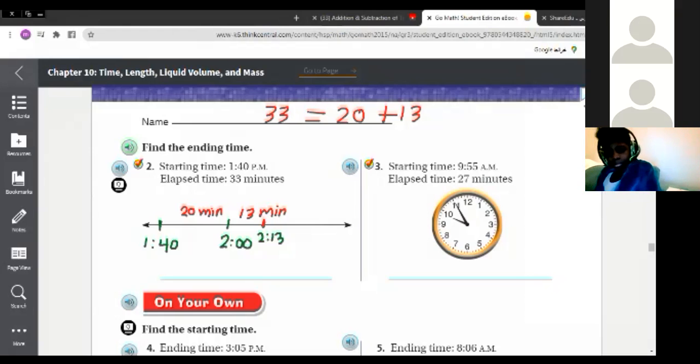Because you know there are 60 minutes in 1 hour. Here in this place, we have 40 minutes. So I need 20 minutes to get 60. If I get 60, it's 2 p.m. exactly. After that, the rest is 13 minutes added to 2 p.m. to get 2:13.